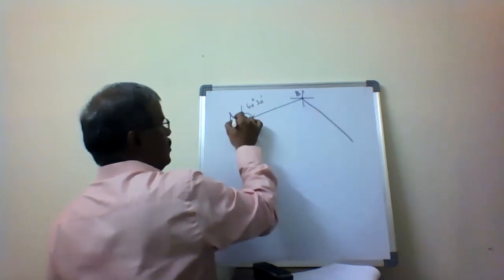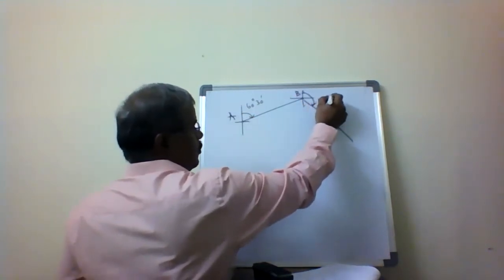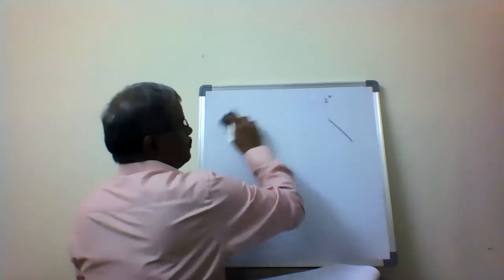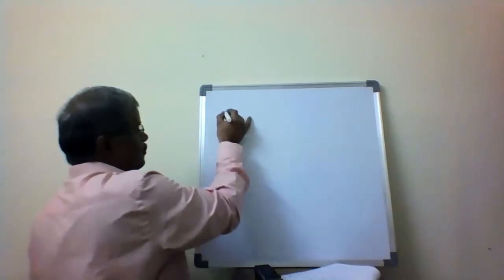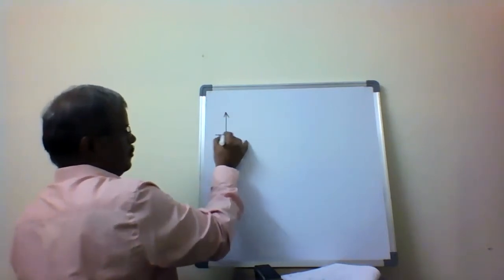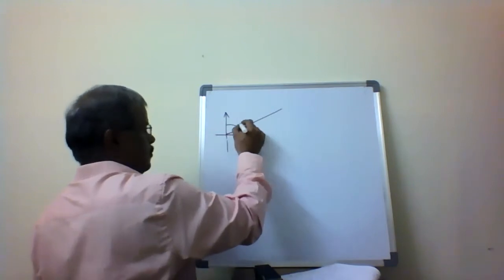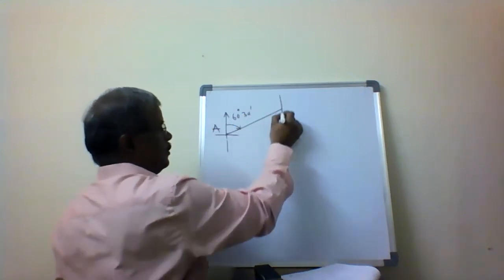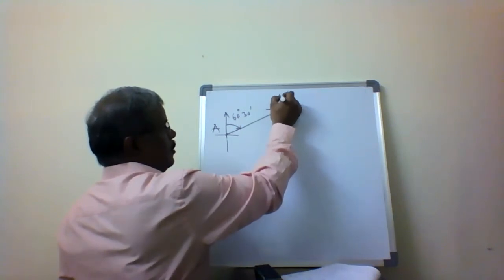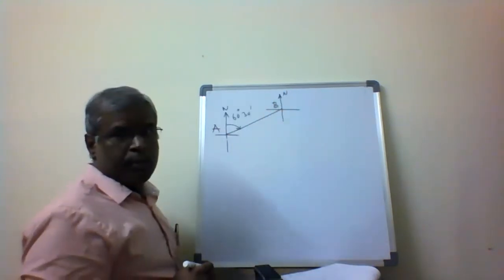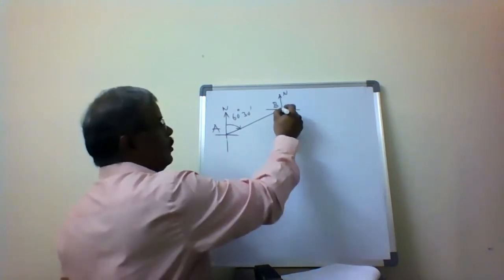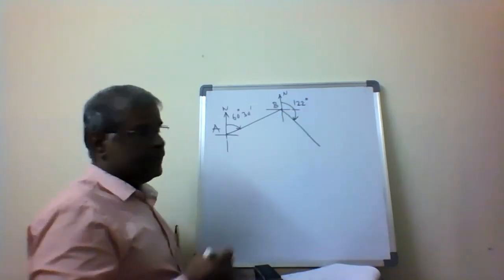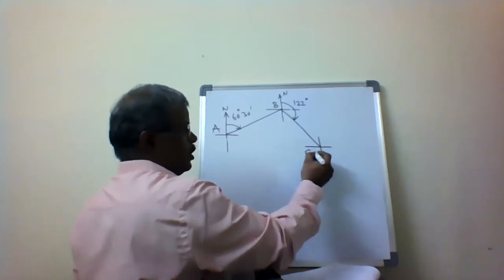This is A point, this is B point, and B to C forward bearing is given as 122 degrees. So this is C point.